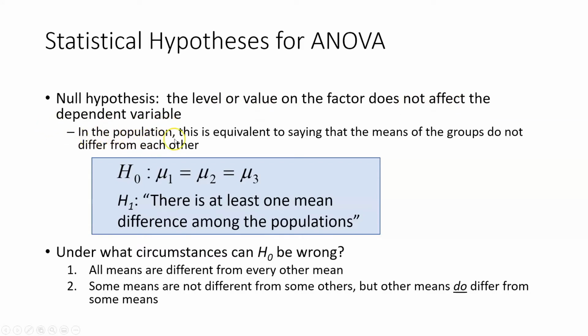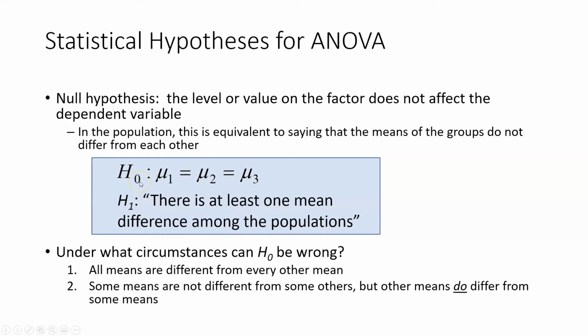So in the population, this is equivalent to saying that the means of the groups do not differ from each other. So if you had treatment 1 and treatment 2 and treatment 3, the means of those populations would be equal to each other. So all 3 means of all 3 different populations are the same if the null hypothesis is true and the treatments don't work.